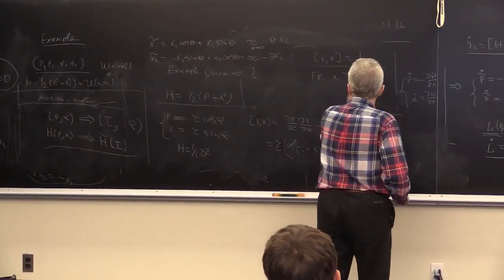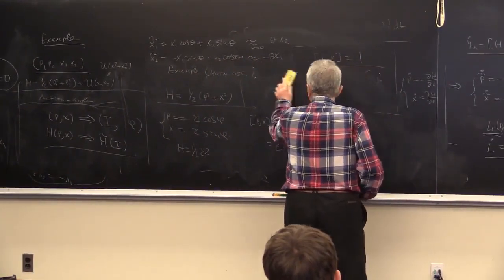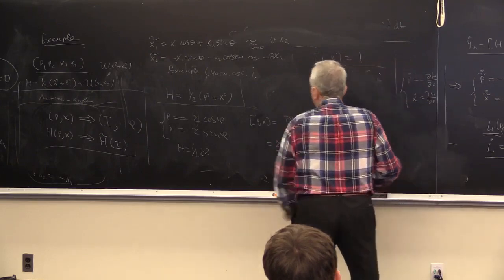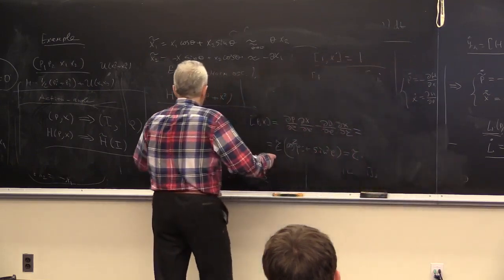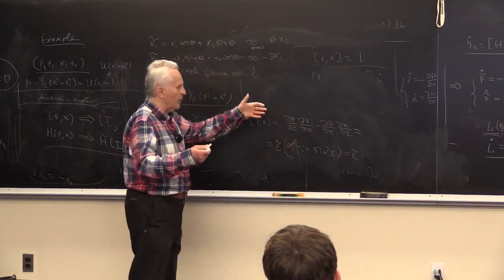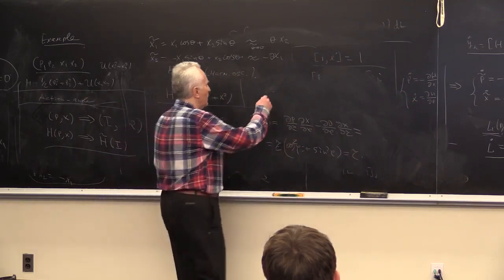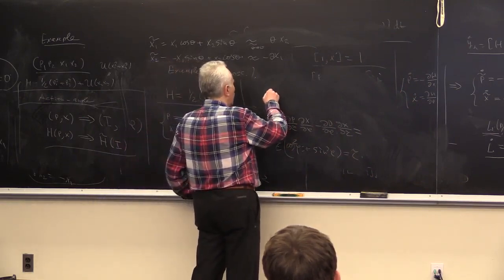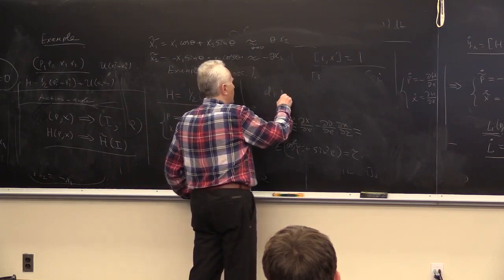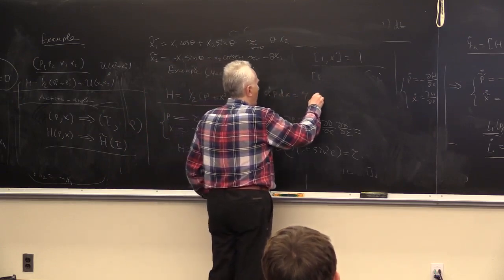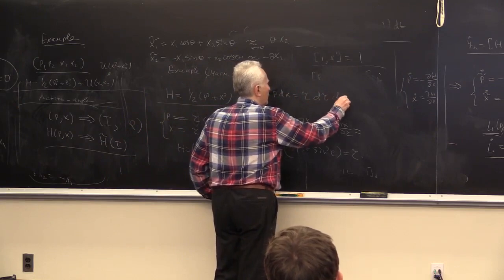Very easy to check. By the way, one of the other ways of seeing it's not exactly a canonical transformation is to write down the formula r dr d phi.